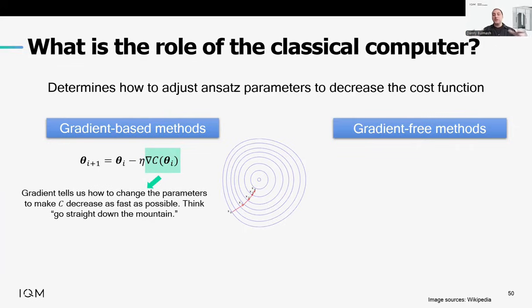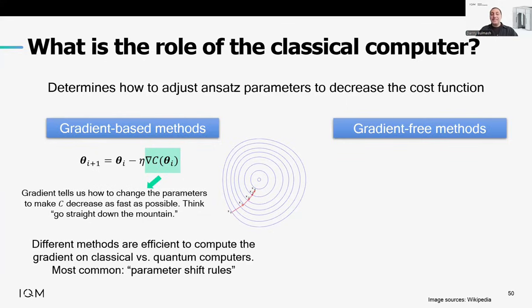So if you imagine you have a topographic map of your parameters where the peaks and valleys tell you about where the cost function is high and low, the aim of the gradient-based method is to go downhill as fast as possible. We just want to go right down the hill to the bottom of the valley so we get the lowest cost function as possible.